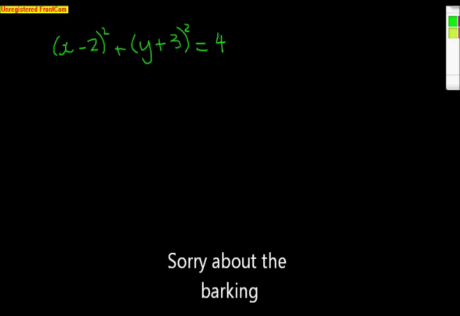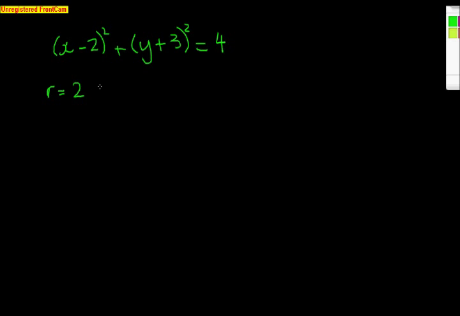So if we've got x minus 2 all squared plus y plus 3 all squared equals, let's say, 4. Our first step is to identify our radius, which here is, sorry, not 4, it's the square root of 4, which is 2.